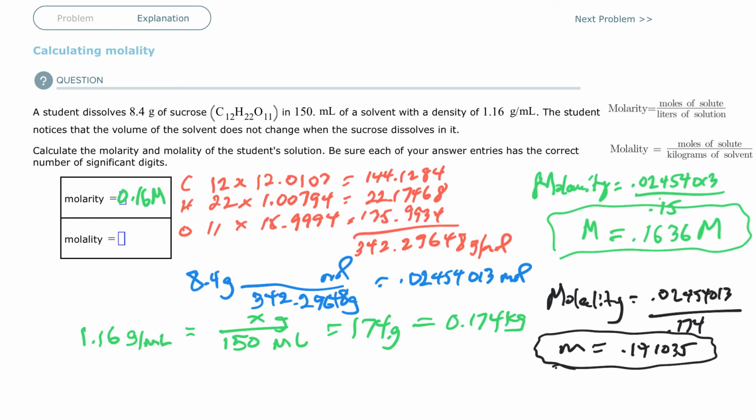We need two significant digits, so it's going to be 0.14. So it'll be 0.14 molality. And if you want to do molality as simply moles over kilograms, I think lowercase m also would be molality. Either case, it's the right answer. Okay, work hard.